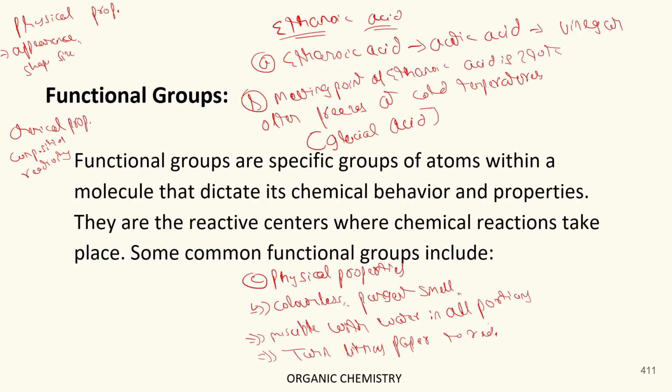It is colorless and has a pungent smell, like vinegar. If you have used vinegar in your house, you must know that it smells pungent, with an acerbic smell. Second, it is miscible with water in all proportions, so it dissolves in water easily. Third, it turns blue litmus paper red because it is an acid. In our lecture on acids, bases and salts, I told you that acid turns blue litmus red, whereas base turns red litmus blue.